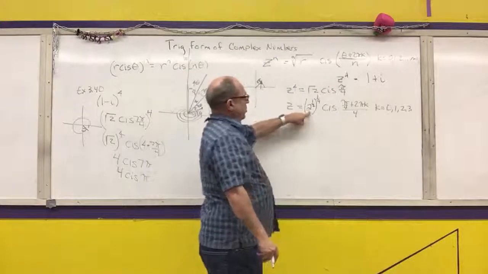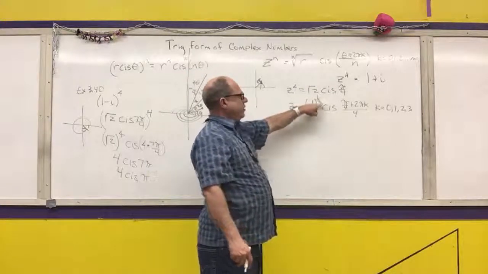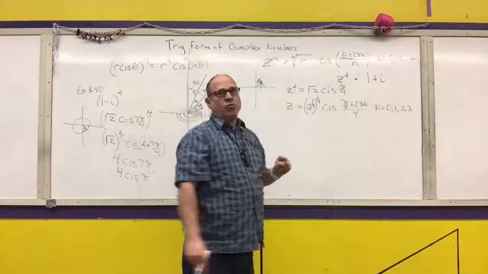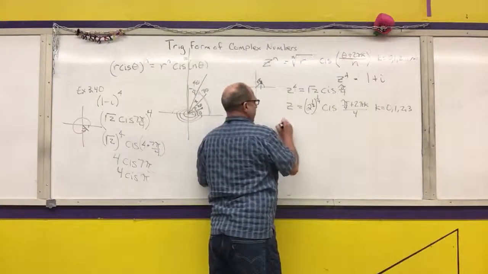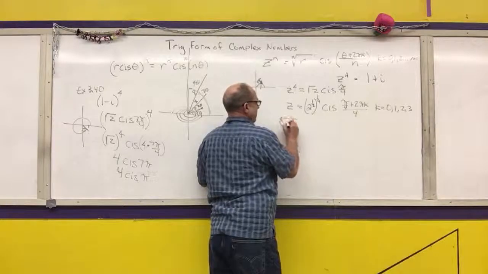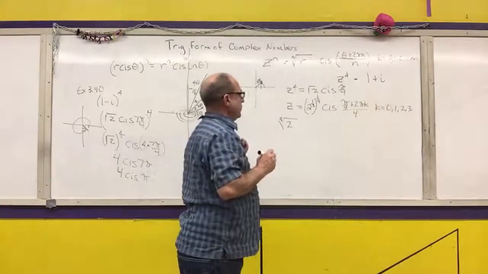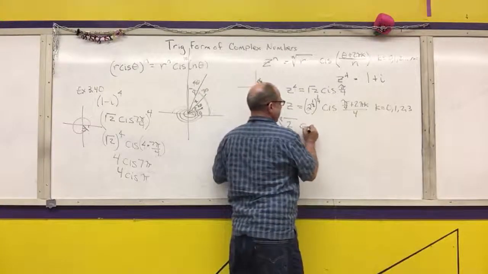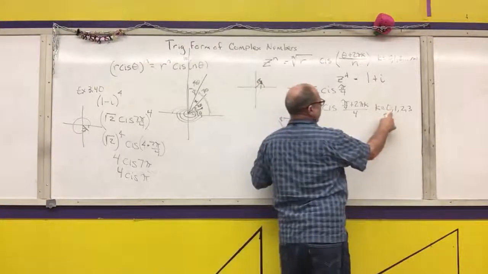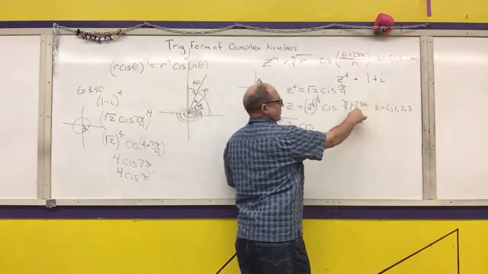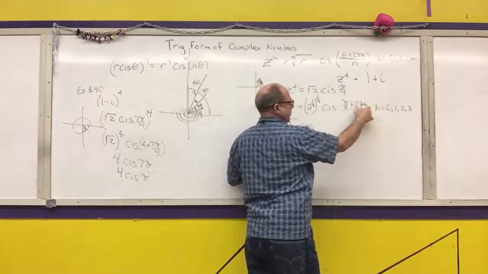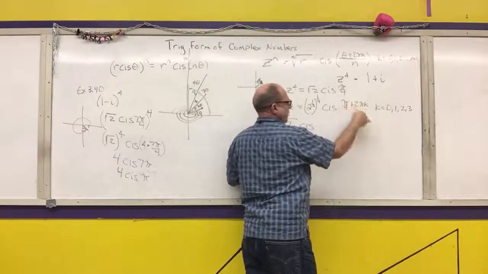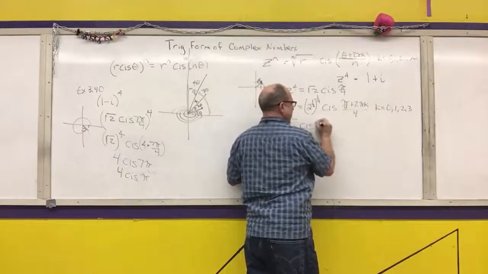Okay, 2 to the 1/2 to the 1/4 is 2 to the 1/8. And so I'm going to get the 8th root of 2 cis. Put a 0 in here, that's going to be a 0 up here for this part, and I get pi fourths divided by 4, it's pi 16ths.